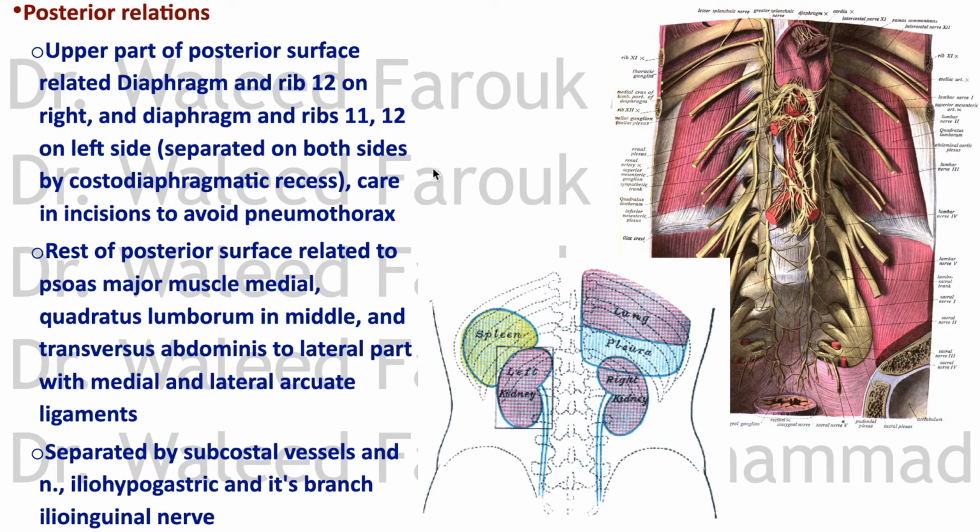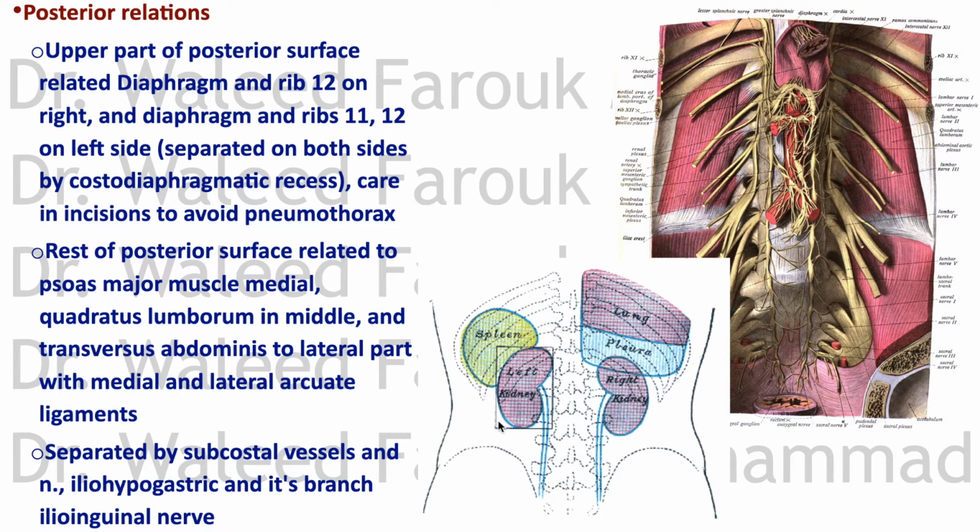The posterior relations of the kidneys, of course, it's the posterior abdominal wall, but at the medial side, the psoas major is opposite the hilum of the kidney, then the quadratus lumborum muscle, then the transversus abdominis muscle on either kidney, the right or left.